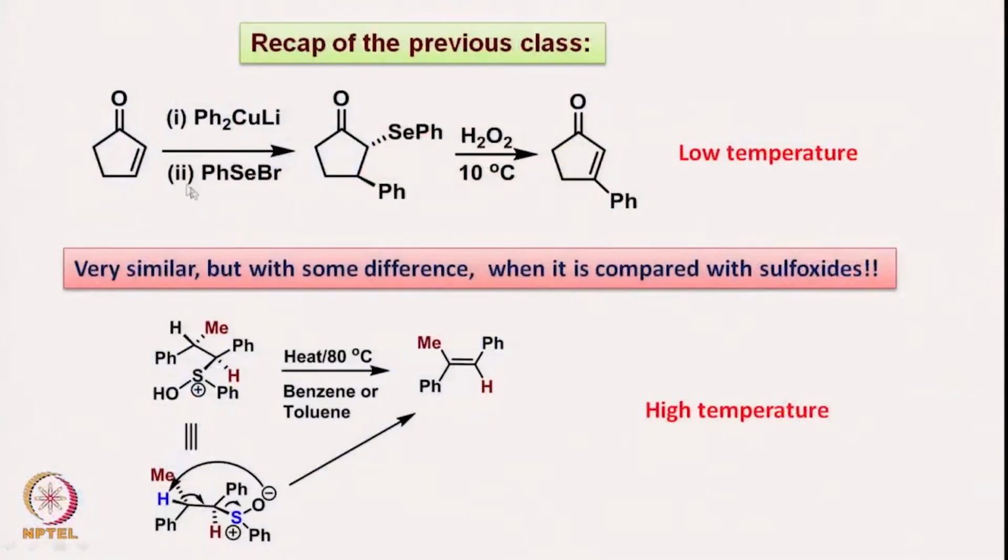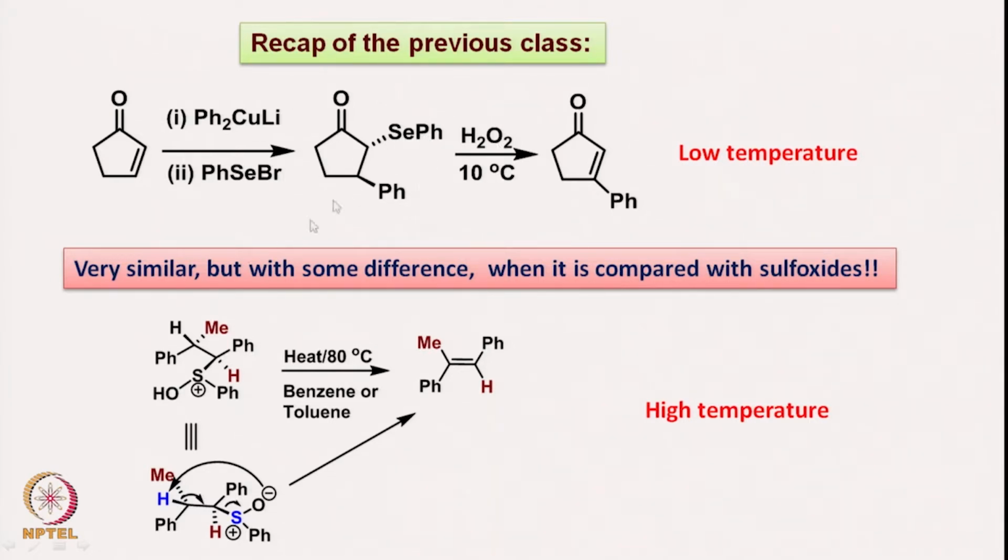For example, we took an enone, say cyclopentenone, and when we did the cuprate addition and then trapped the enolate with a selenium electrophile, we got this phenyl and selenophenyl substituted intermediate compound, in a trans fashion, which upon oxidation led to the elimination of selenoxide.